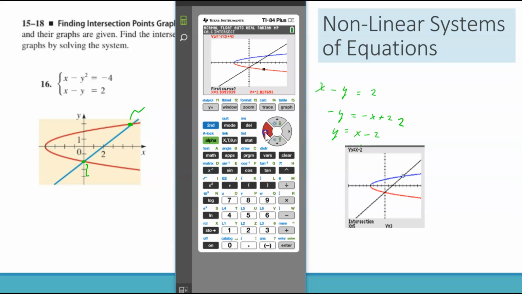So I go over to my point of intersection. That's my first curve, and you can see that in the lower left corner. I hit enter. I'm on my line, and I know that because it says I'm on the line x minus 2, and that's the intersection point that I need. So I hit enter because that is the second curve that I want to be on, and it goes away and finds that intersection point.